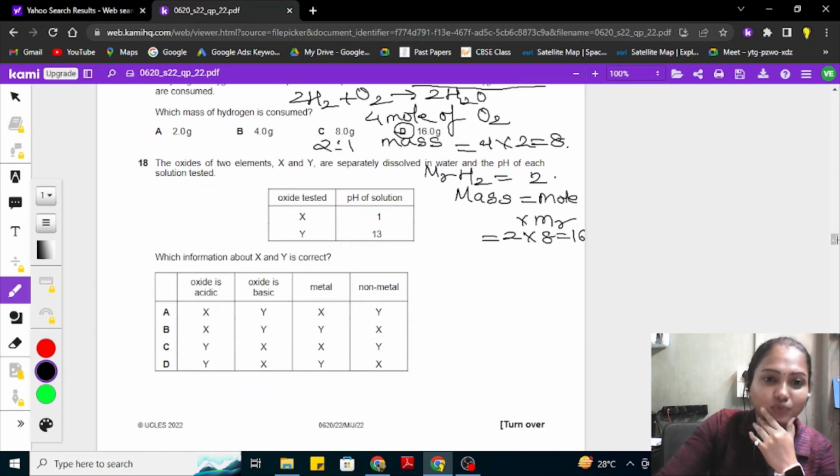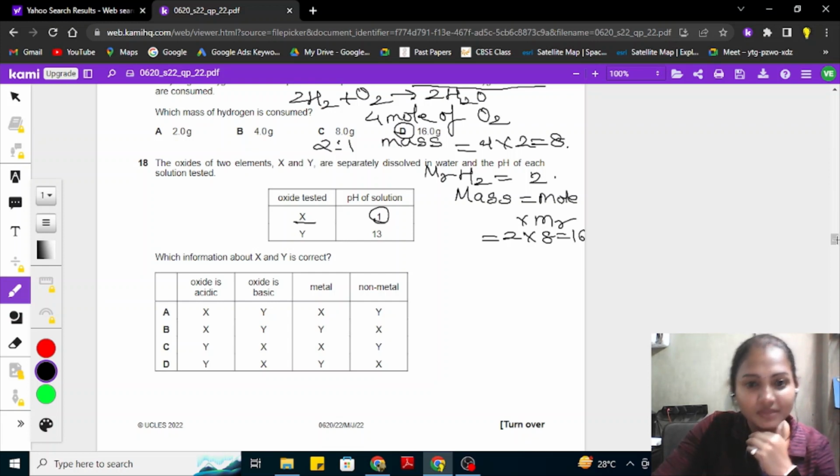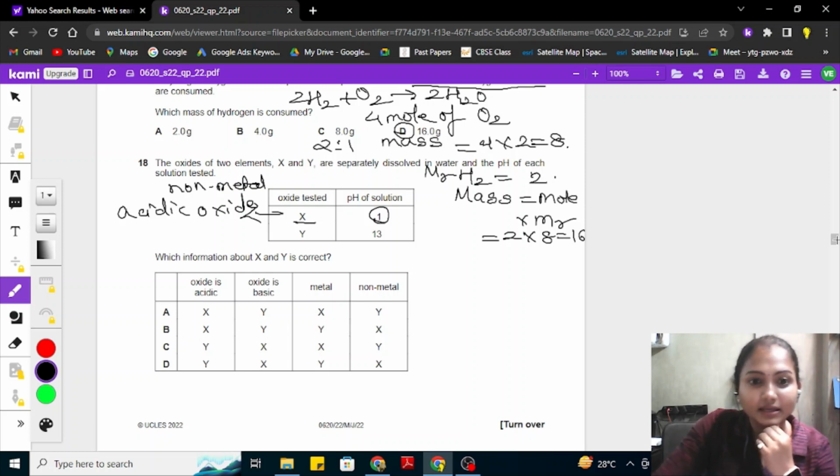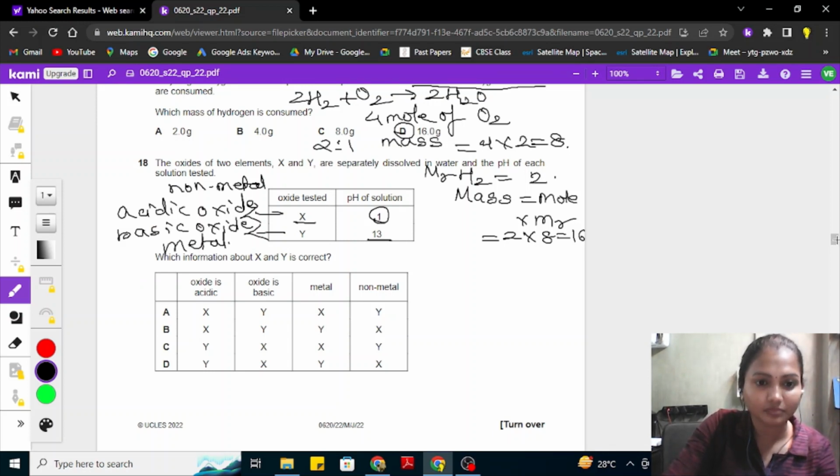The oxides of 2 elements X and Y are separately dissolved in water and the pH of each solution is tested. Oxide X has pH 1, so it is an acidic oxide. Acidic oxide means it is non-metallic in nature. It's a non-metal, always remember. Y has pH 13, which means it's a basic oxide, and basic oxides are those oxides which are metallic.